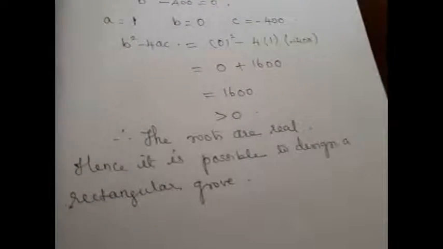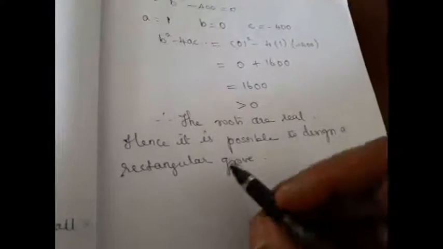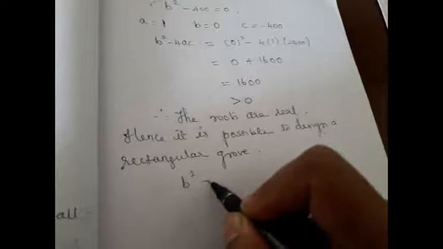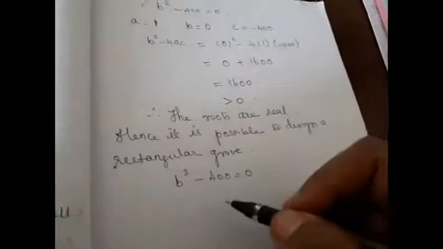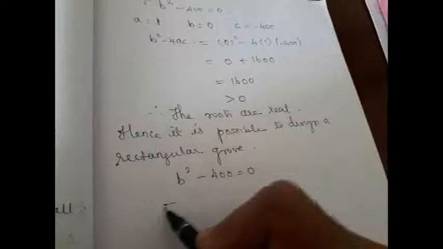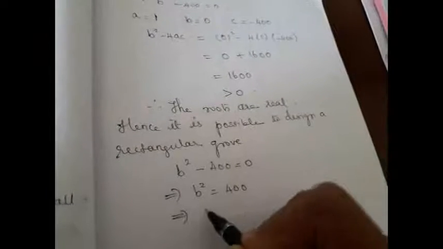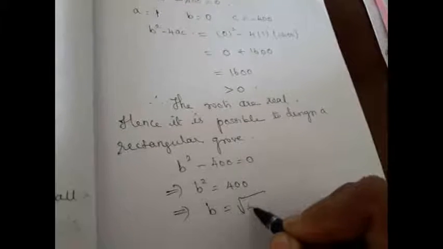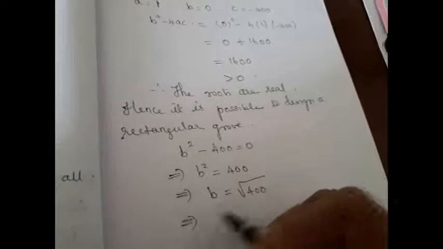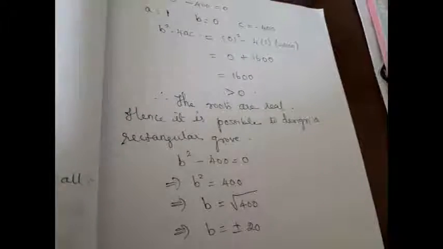If so, they asked you to find its length and breadth. Now we need to find its length and breadth. Length and breadth is nothing but the solution of the equation. What is the equation? B square minus 400 equal to 0. Since the x term is missing here, we can directly find out. B square equal to 400. So this implies B equal to square root of 400, plus or minus 20, right?